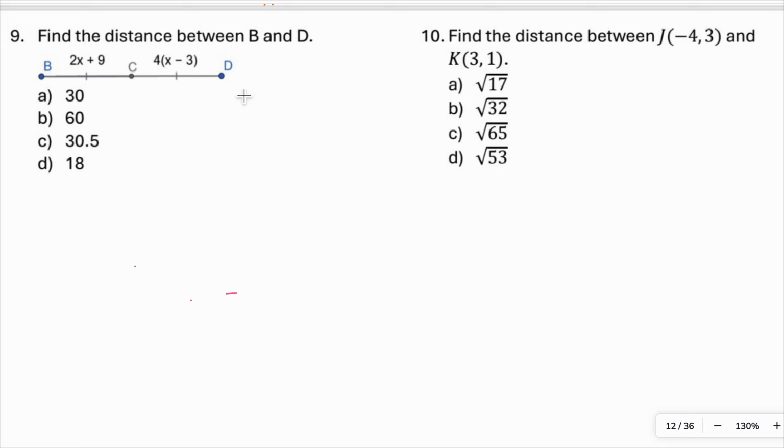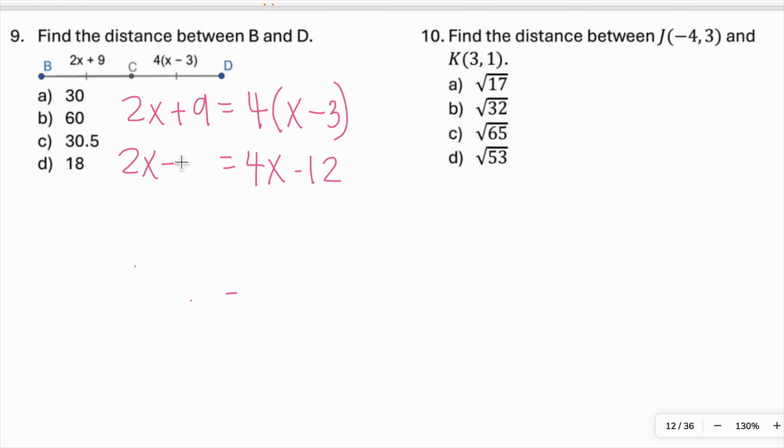Okay, so 2x plus 9 is equal to 4 parentheses x minus 3. Distributing, I get 4x minus 12. The left side, 2x plus 9, is still the same. I'm going to go single elimination here.